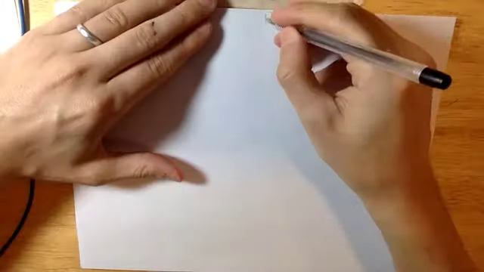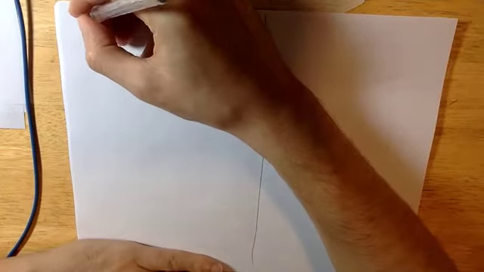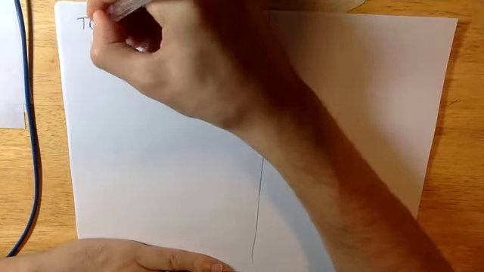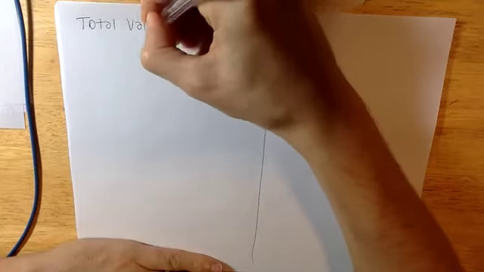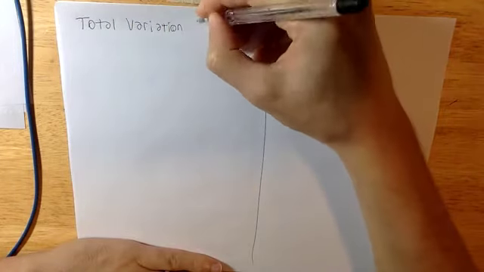So let's change the page. We have the notion of total variation distance.